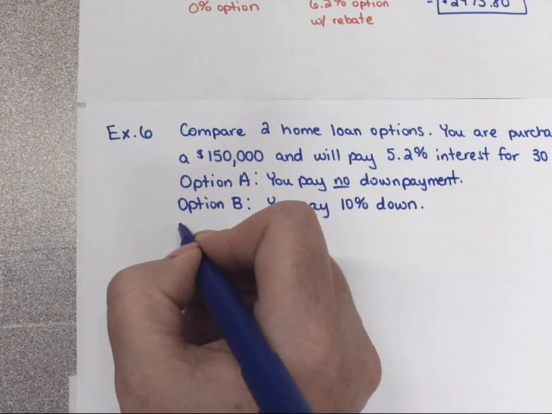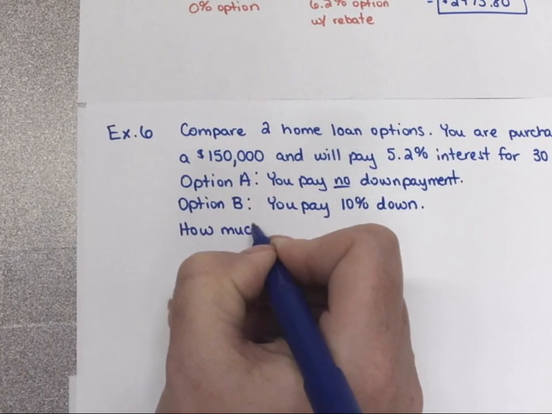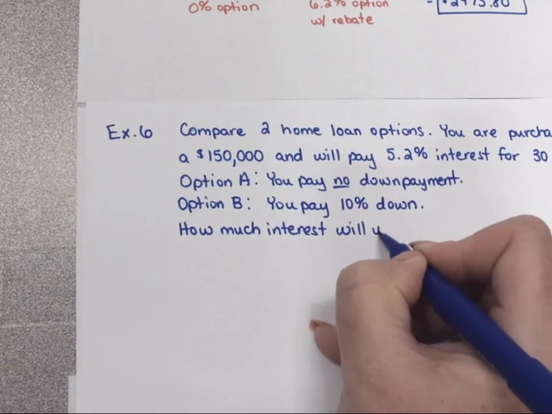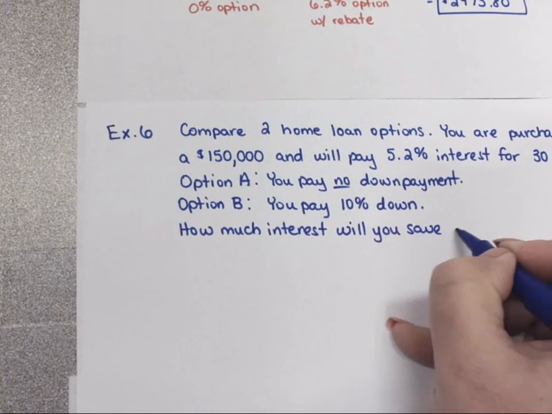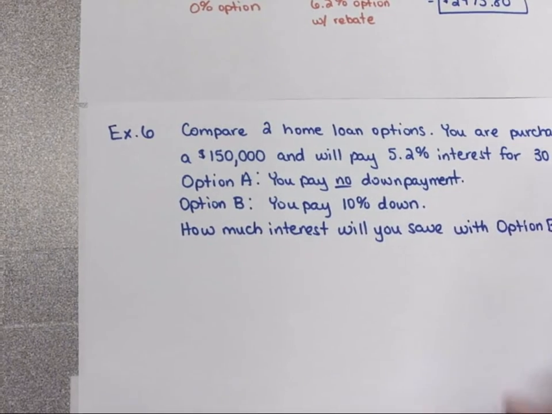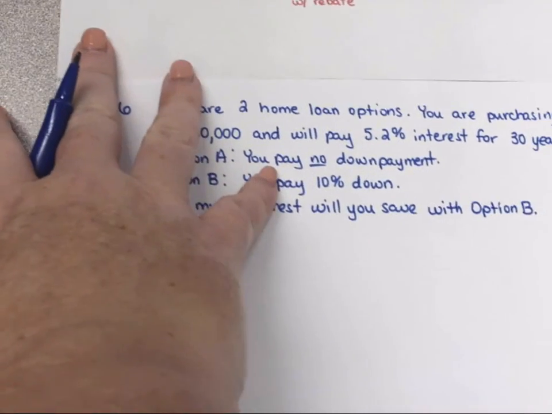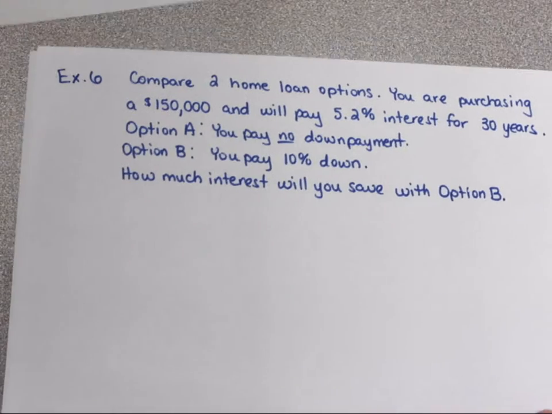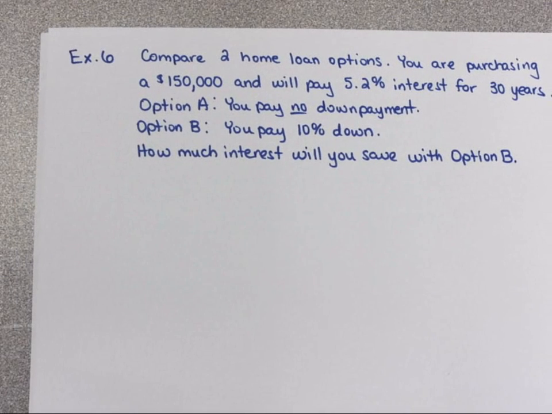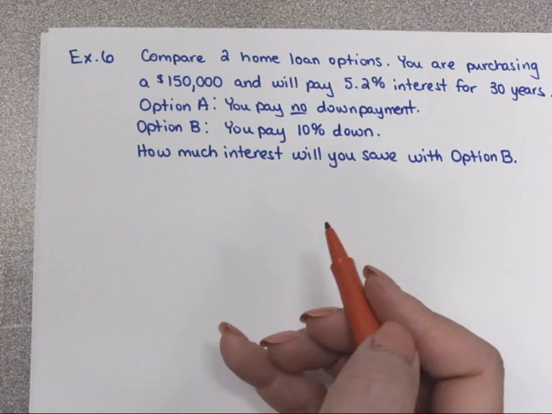My question is, how much interest will you save with option B versus A? Because it's kind of intuitive that you should pay less interest if you put money down, right? Because it means you're borrowing less money. So you definitely should save some money in interest. The question is how much? Okay, so let's run through the problem and compare what we have.